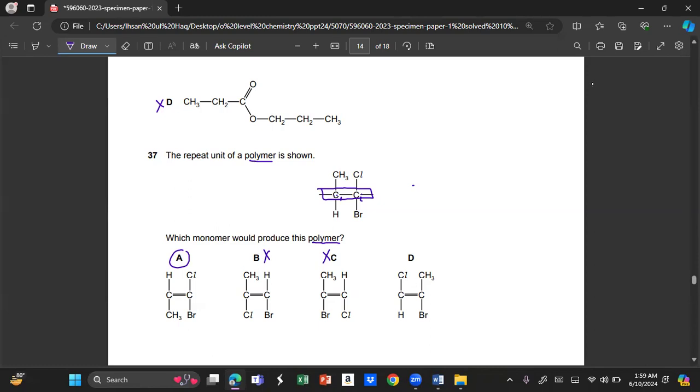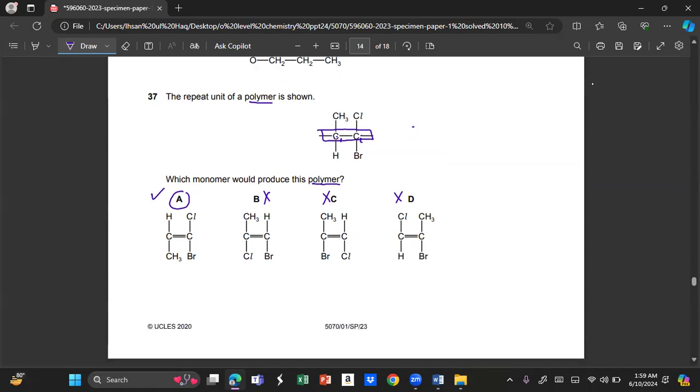If the first carbon has Cl at the top, on the other side it must have Br, and that is not available here. Br is on another carbon, and with that Br there must be Cl, which is also not available. So option D is also rejected. Option A is 100% correct. If you understand.